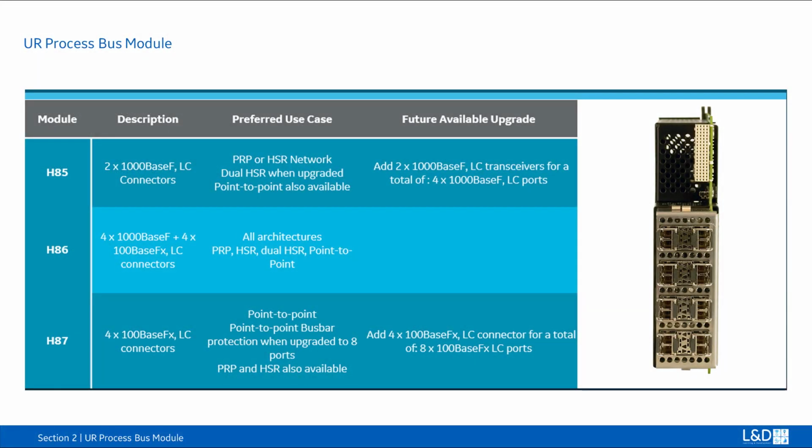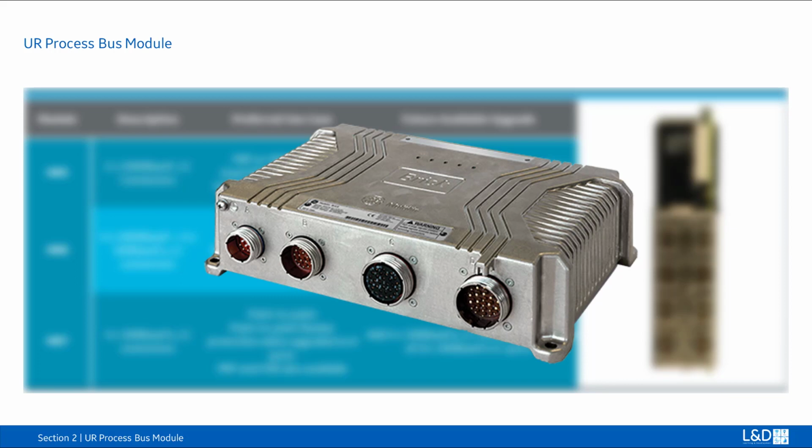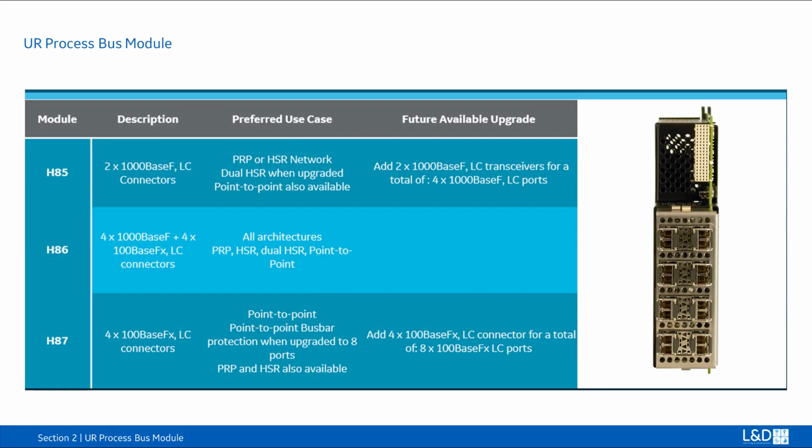Previously, UR had the H81 process bus module to work with hard fiber bricks. From version 7.8, it has H85, H86, and H87 process bus modules to work with standalone merging units, like GE Reason MU320. The H85 module has two 1 gigabit ports, 1A and 1B.